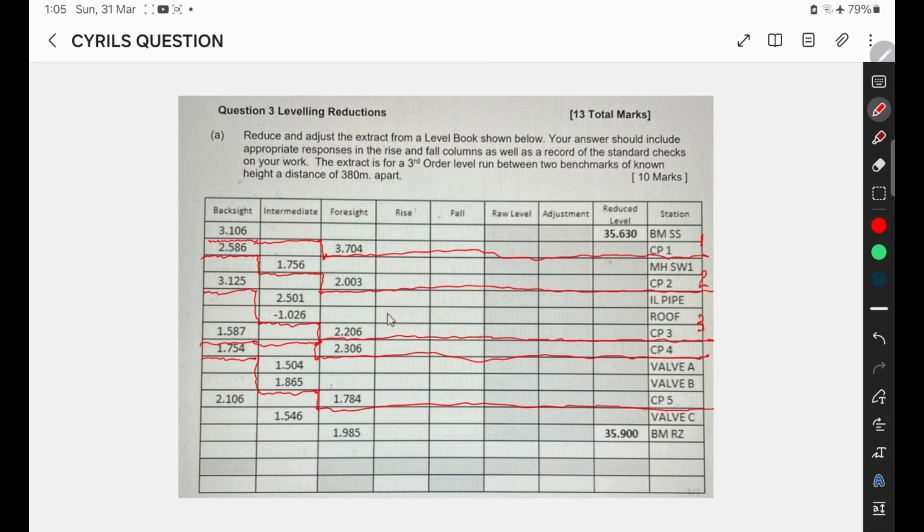So that's our fourth setup. Fifth setup here, and then one intermediate to finish, which is our sixth setup. So there we go, that's our six setups.